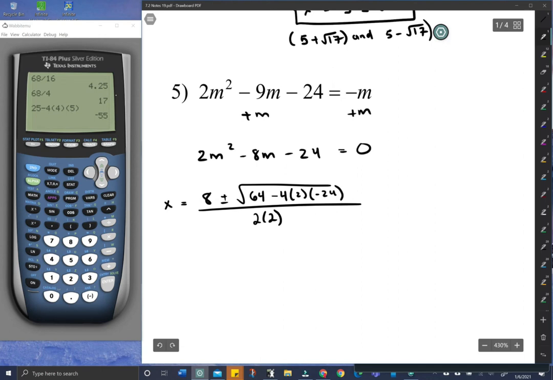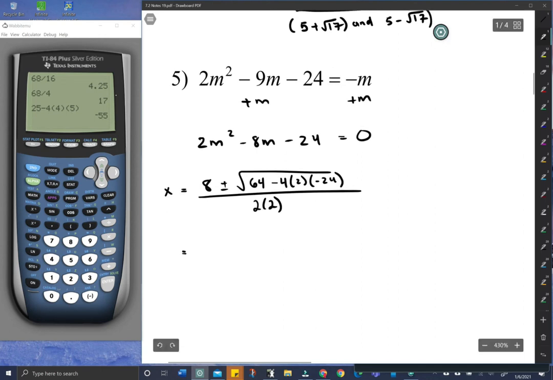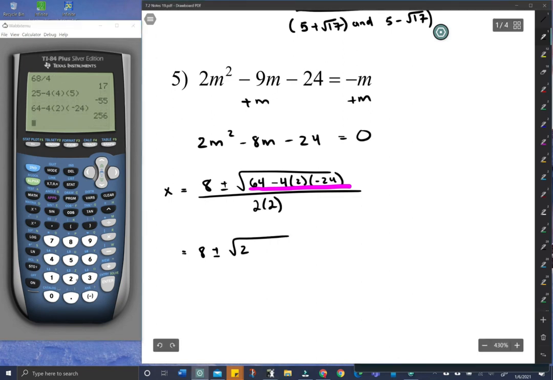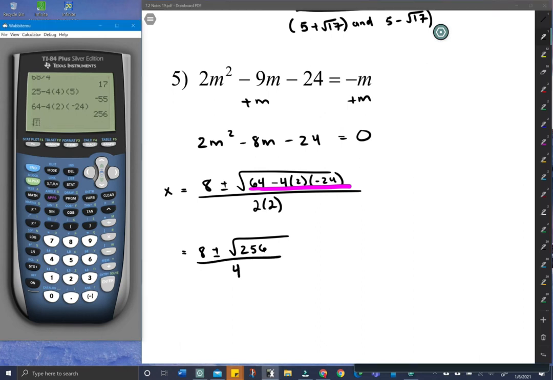So 8 plus or minus 64 minus 4 times 2 times negative 24. 256, all over 4. 256, that's going to be a perfect square for us. I believe it's 16, right? 16, yeah, look at that. So we have 8 plus or minus plain old 16 all over 4.